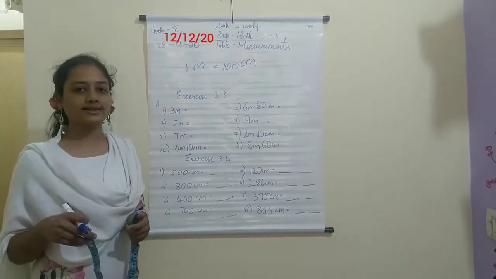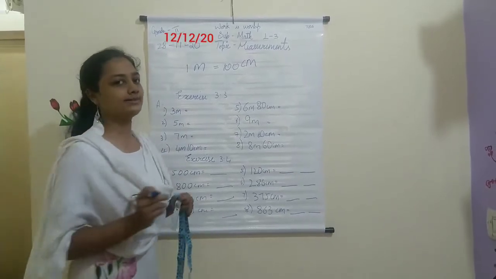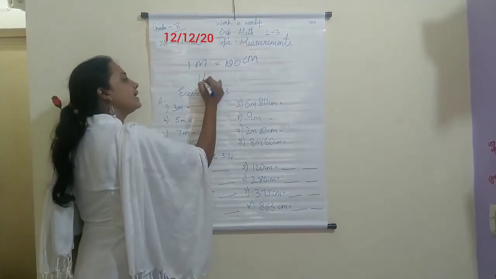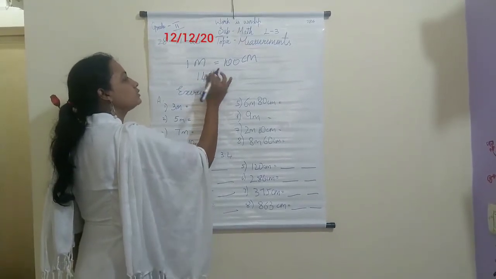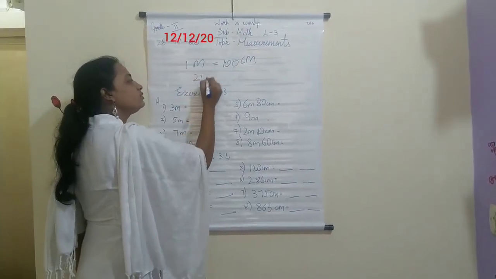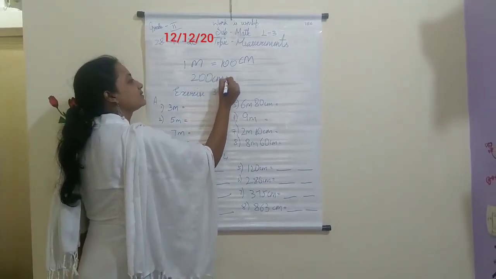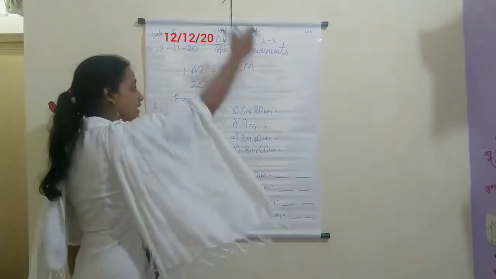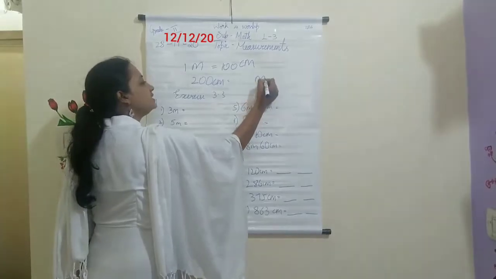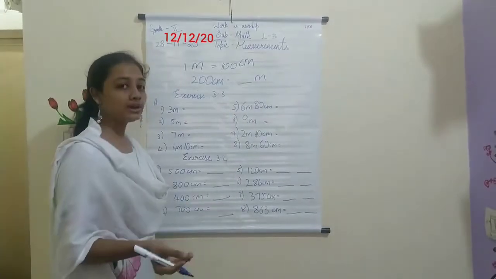Before going for the exercise, let us see one small example. I'll take a simple number for you. I have 200 centimeters, and I want to write that in meters. How will I write that?